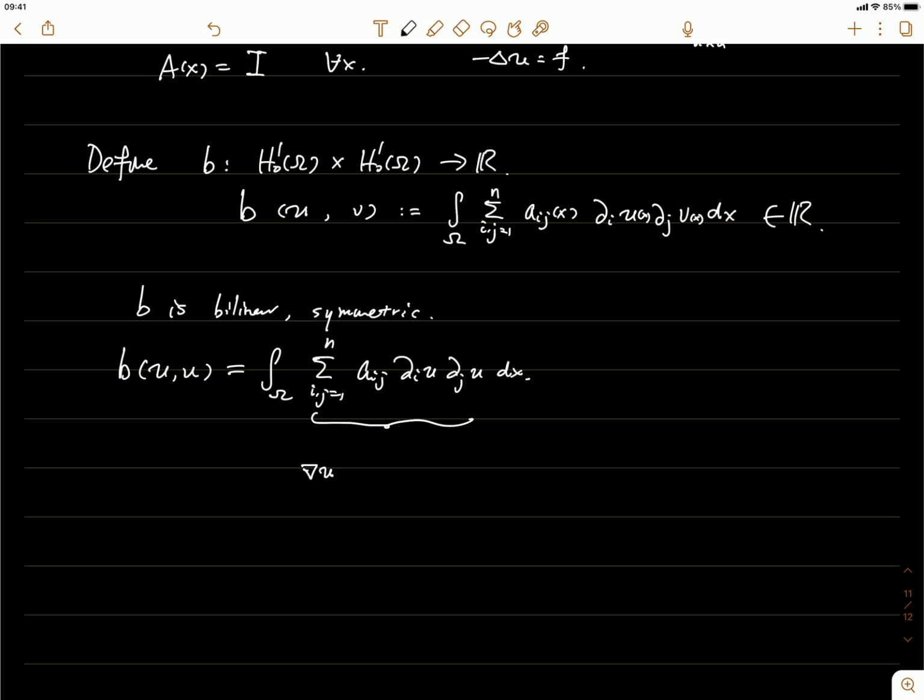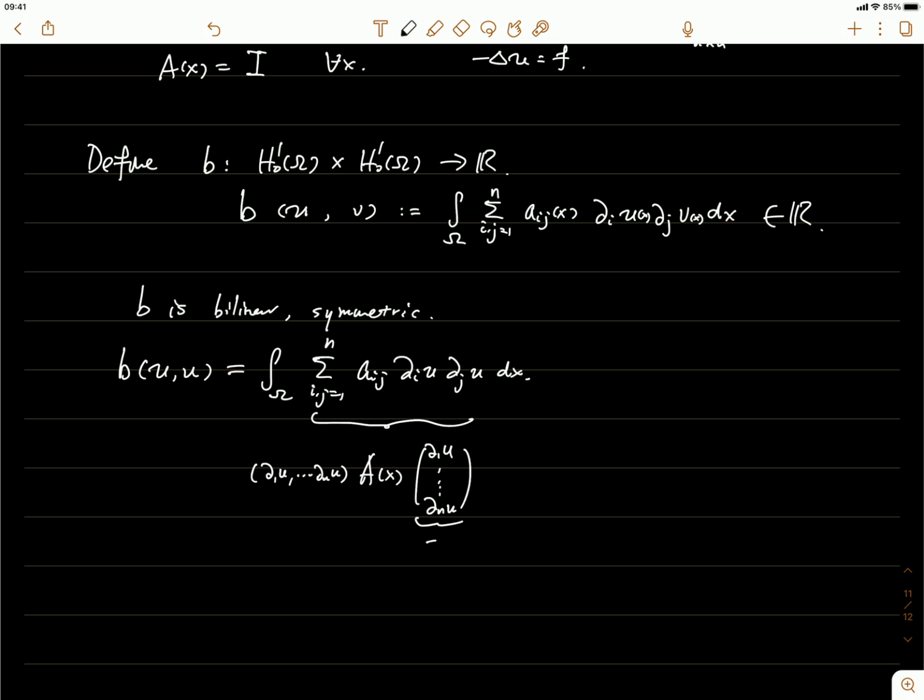If you like, you can write it out: d1u through dnu, then the matrix a(x), and then d1u through dnu.